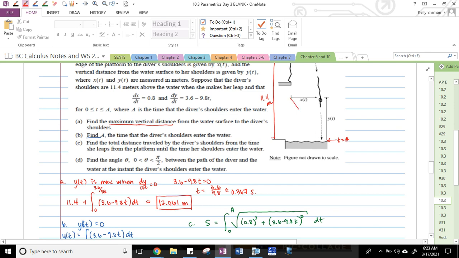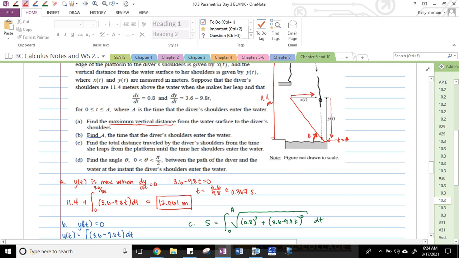I'm going to look at it this way. As x gets smaller and y gets closer to vertical this way, this angle is going to get closer and closer in. They want to know what this angle is.